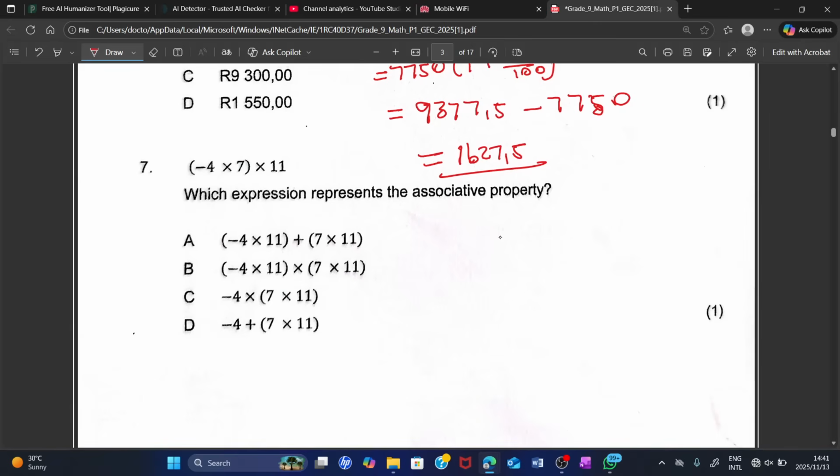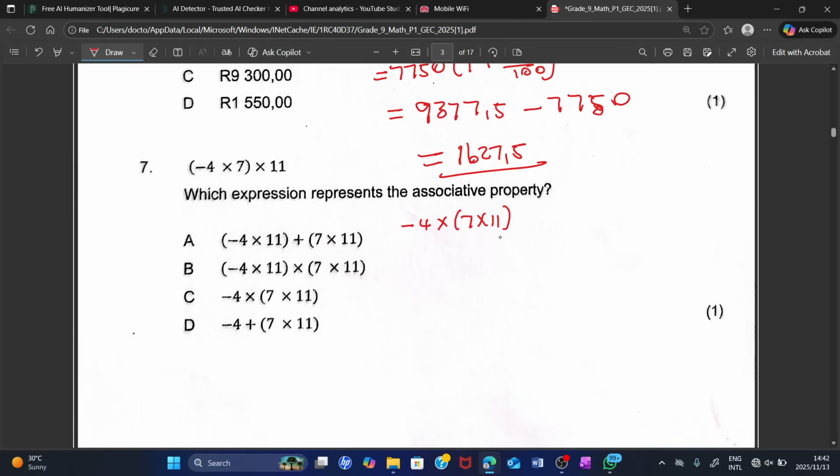Now, I did this in my previous video on the issue of which expression represents the associative property. So the associative property in this case is going to be the answer. You're going to take out 4. It will be minus 4 multiplied by 7 times 11.